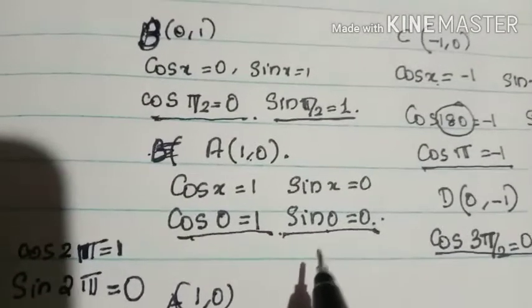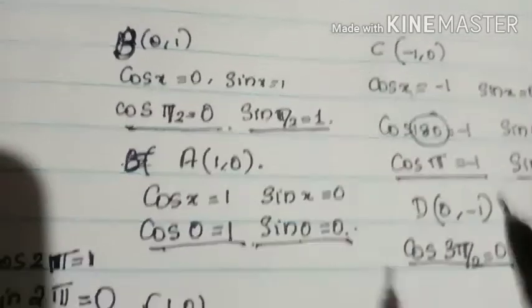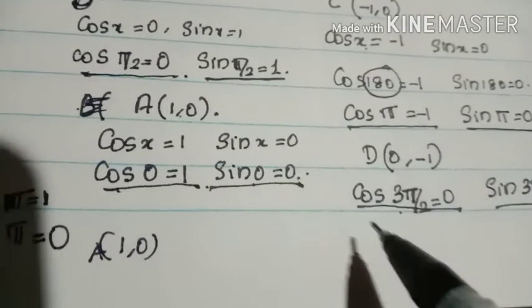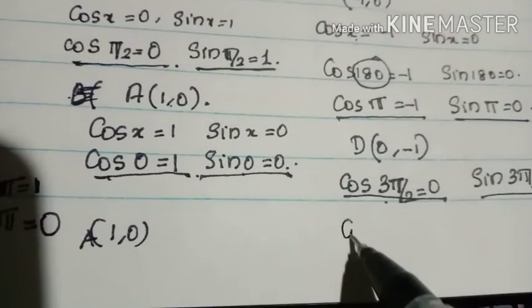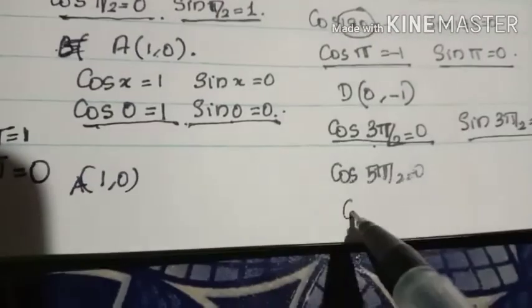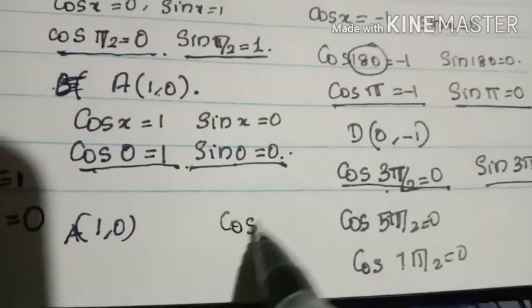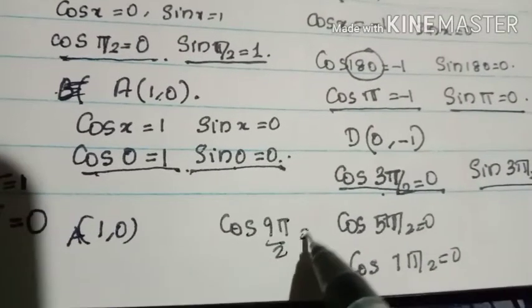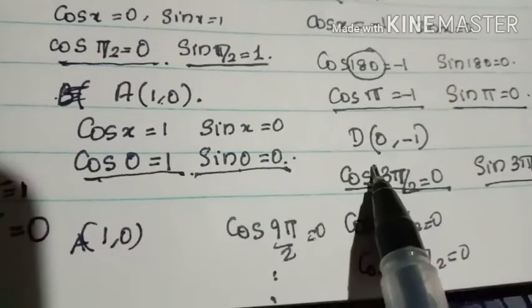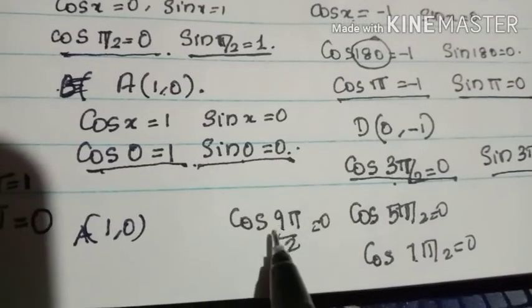Let's start here. What is cos π/2? Cos π/2 is 0. What is cos 3π/2? Cos 3π/2 is also 0. Now you can extend this. You can see that cos 5π/2 equals 0, cos 7π/2 equals 0, cos 9π/2 equals 0, and so on. So here 1π/2, 3π/2, 5π/2, 7π/2, 9π/2.